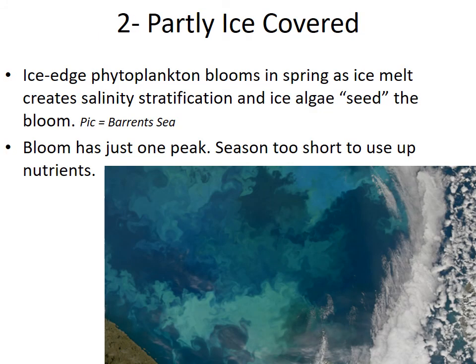As we move a little lower in latitude, we get ecosystems that are covered with sea ice for part of the year, but not the entire year. In these kinds of ecosystems, there is a phytoplankton bloom when the ice retreats.